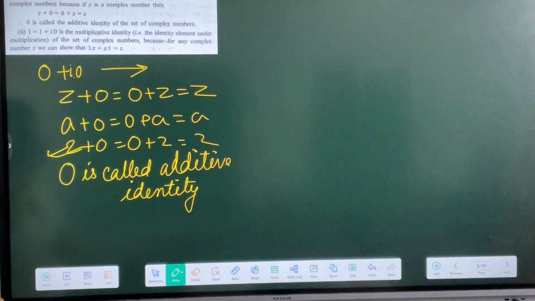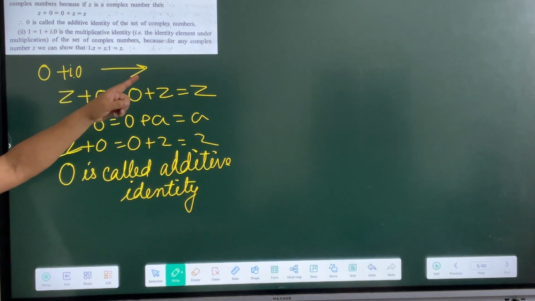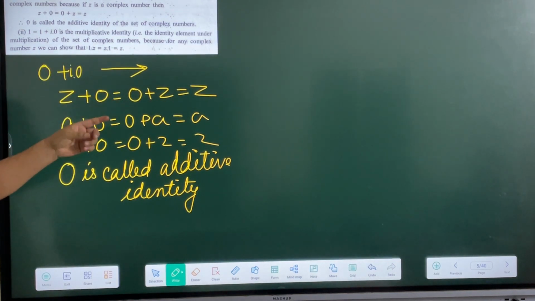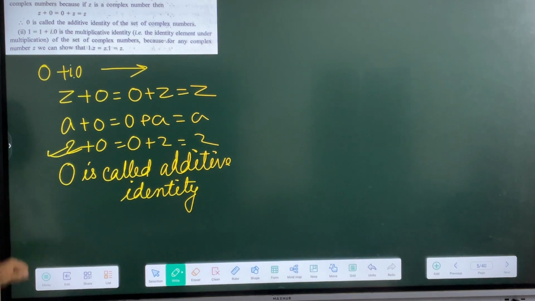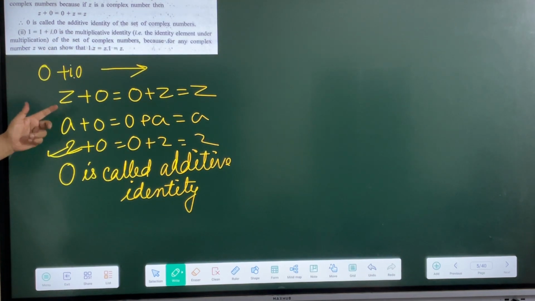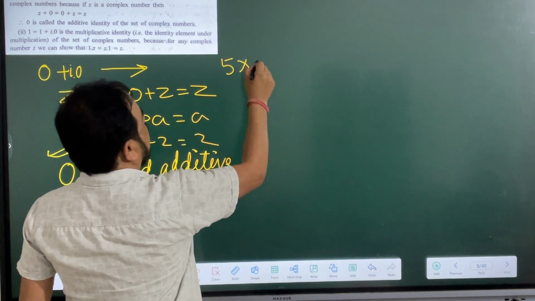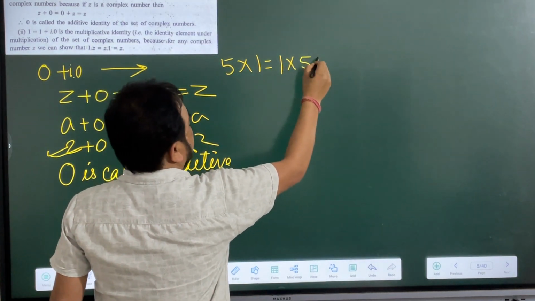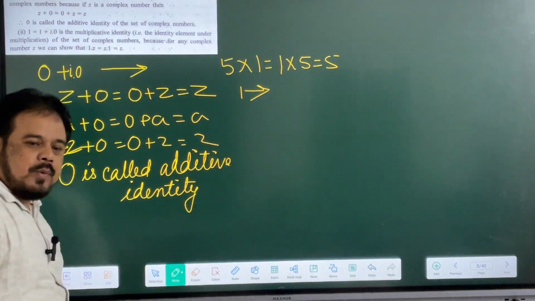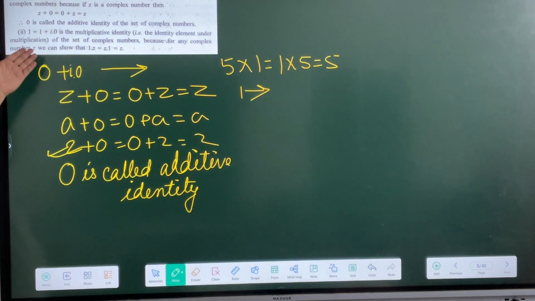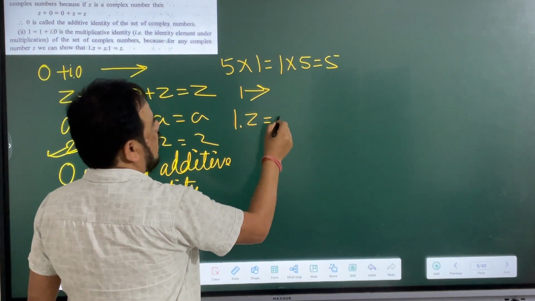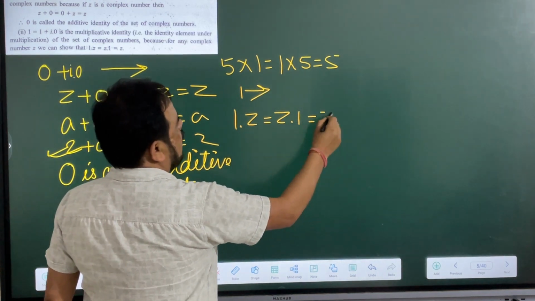Additive identity. We have additive identity in natural numbers, we have it anywhere. In general maths we have already learned about additive identity. Then similarly, the multiplicative identity: 5 into 1, 1 into 5 equals 5. So here 1 is called the multiplicative identity. Similarly here also, z into 1, 1 into z equals z.